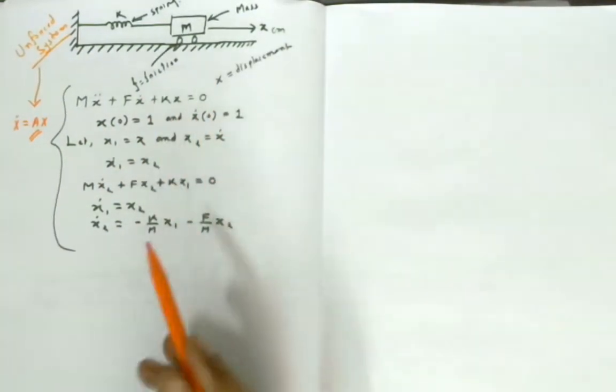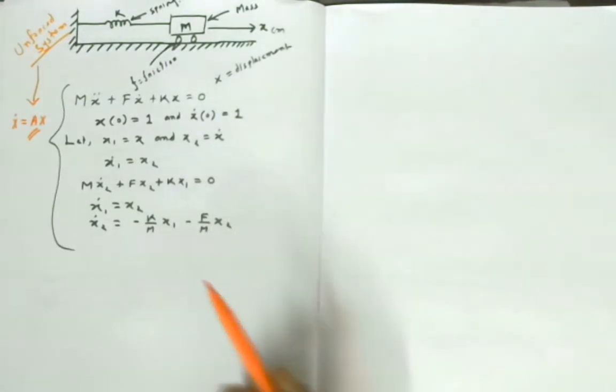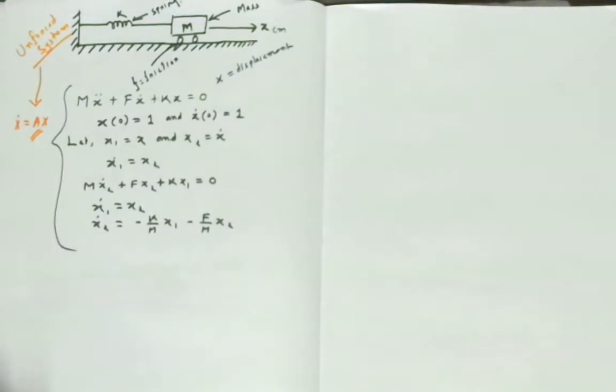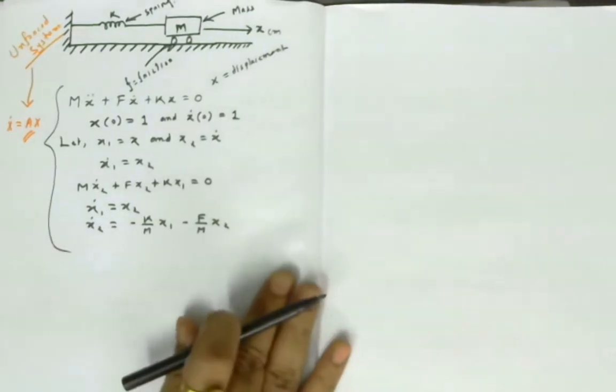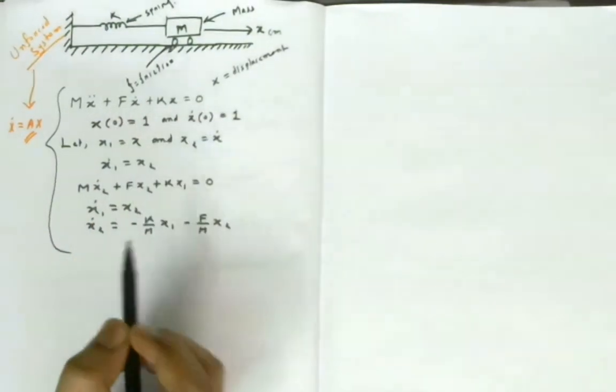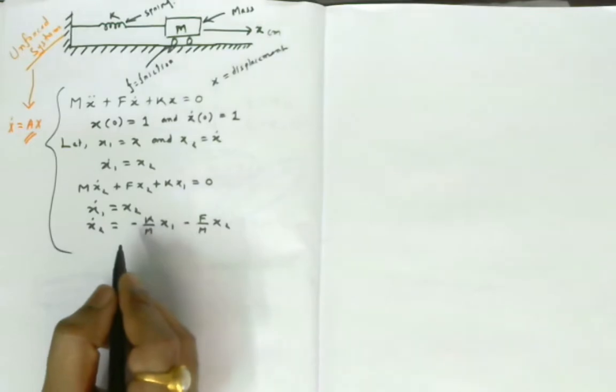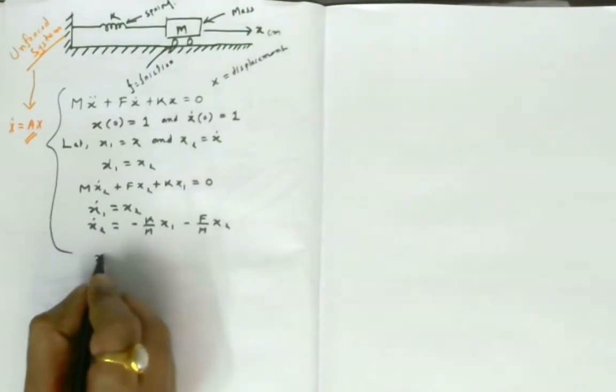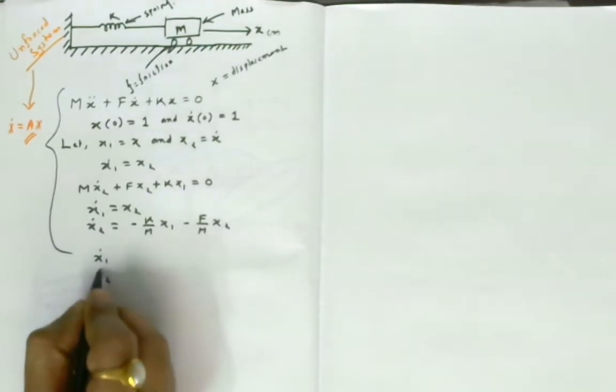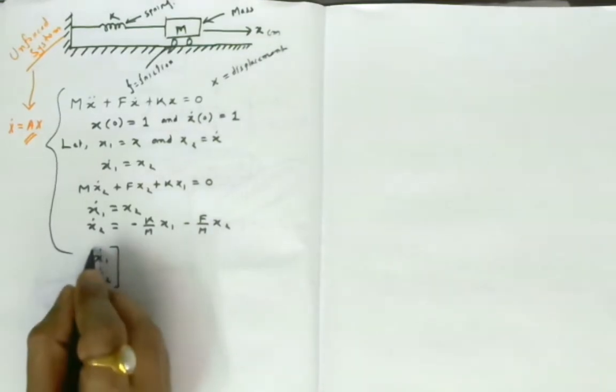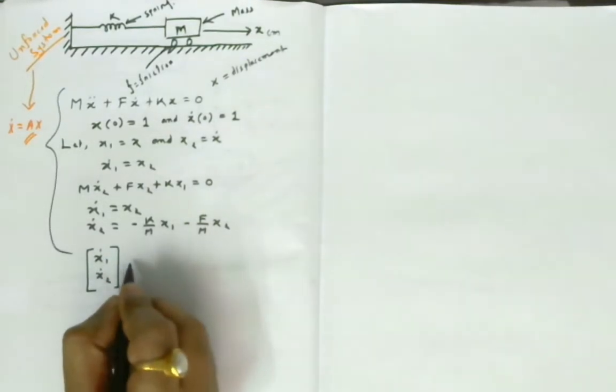So this A I require. For this example, you need to find out the value of the A matrix, because this is a case of an unforced system. So what is the state equation for the homogeneous system?